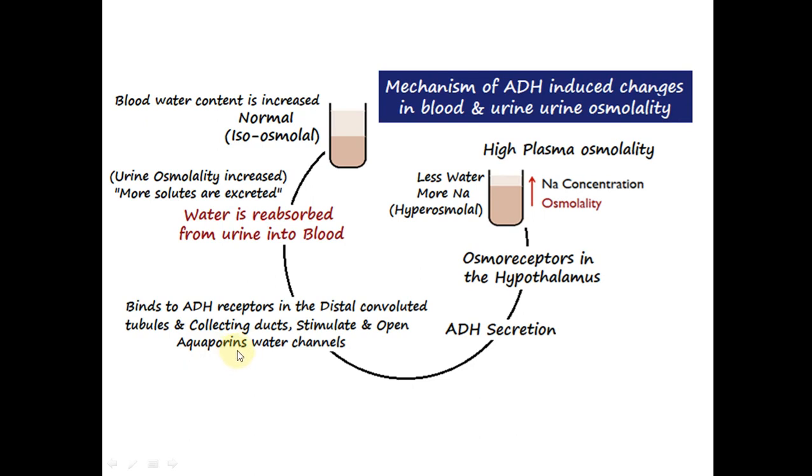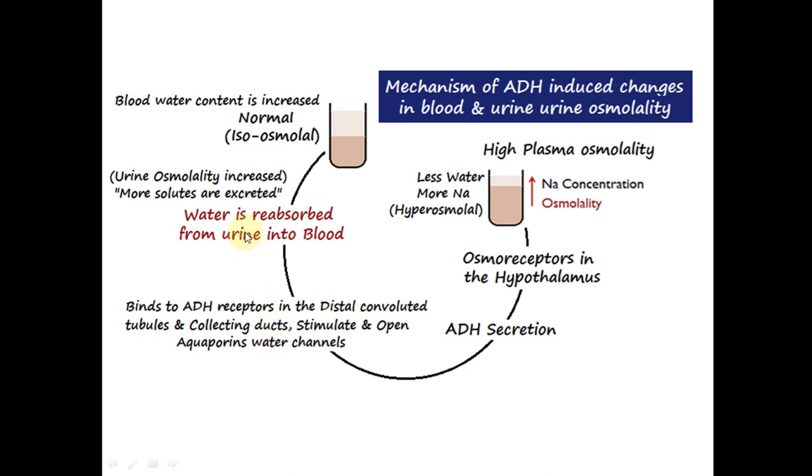Under the action of ADH, which has receptors in these cells, and the binding of the ADH to its receptor, this ADH receptor complex will cause the aquaporins to move to the luminal surface of the cells. And here they will open the aquaporin channels and will allow the water to enter from the urine into the cells and ultimately into the blood.